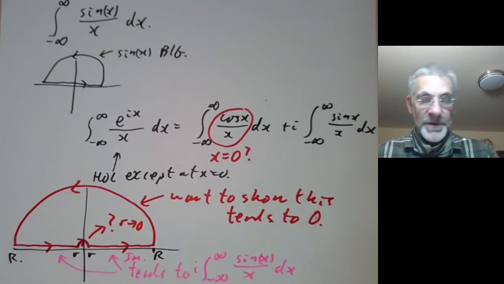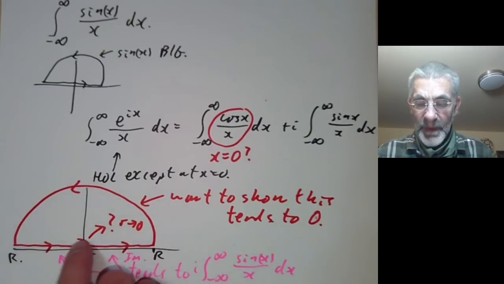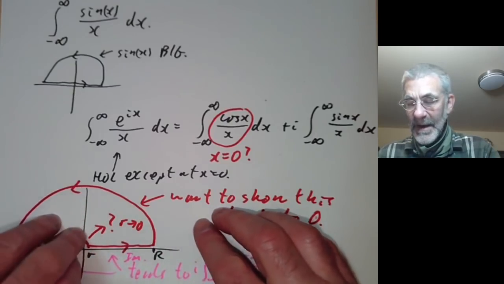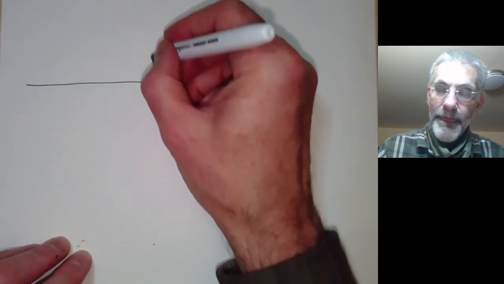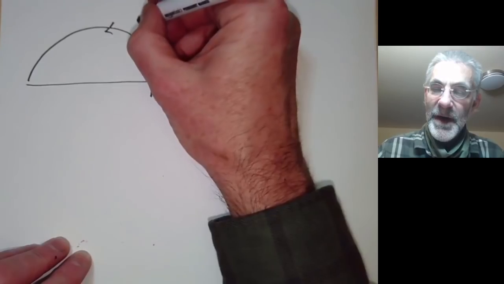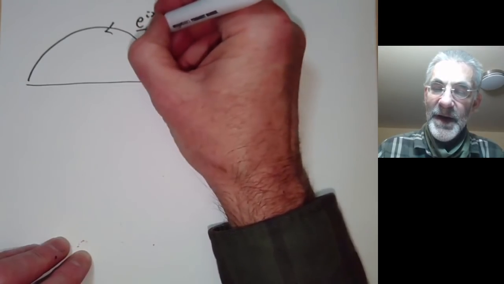So we've now got two semicircular contours to estimate. And let's do the big one first and then do the little one. So here we're trying to estimate the integral round this semicircle here of e to the ix over x.